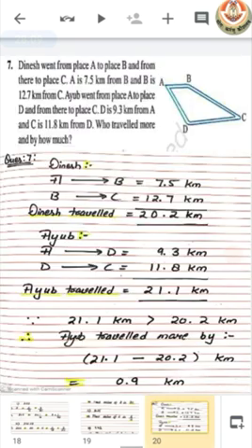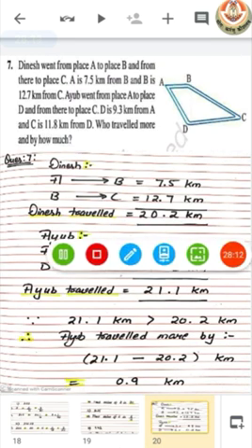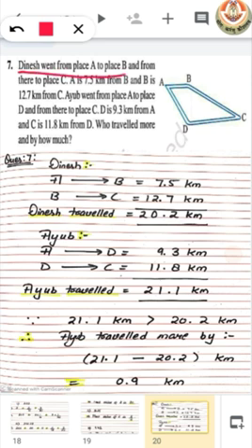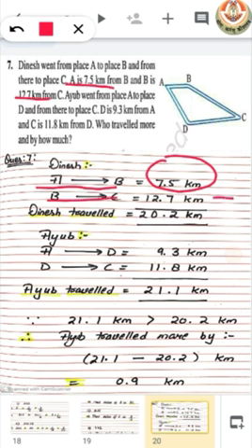Now let's see question number 7. Here you can easily see there is a figure related to that question. They are saying that Dinesh went from A to B and from B goes to C. Now the distance between AB and BC is given, which is A is 7.5 km from B and B is 12.7 km from C. So you can see in the solution that Dinesh goes from A to B, which is 7.5 km away, then B to C, which is 12.7 km away.